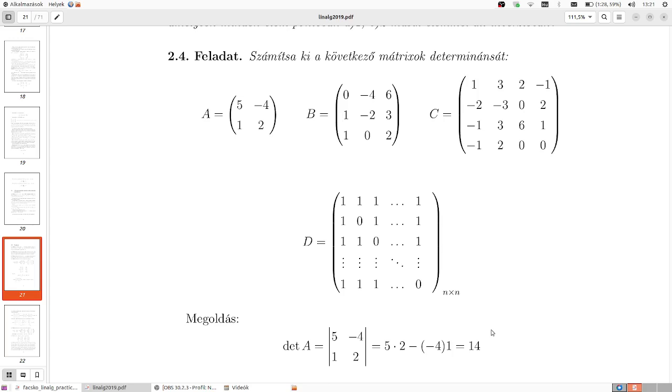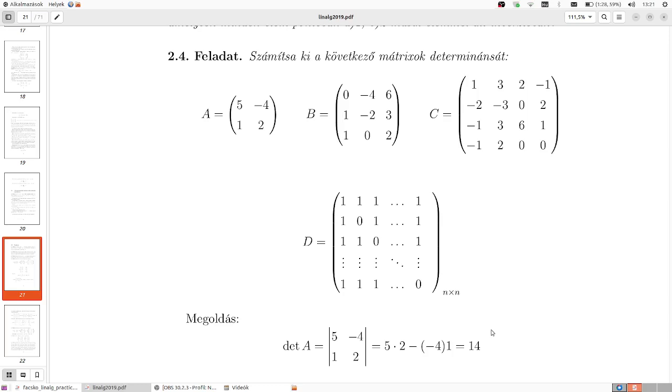You spare time. You need half the time to calculate this. This is important for a test or for any algorithm that you write in the future. Okay, so that's why I start with it.